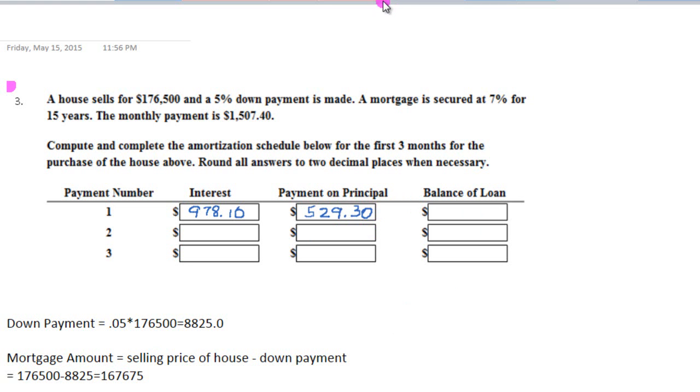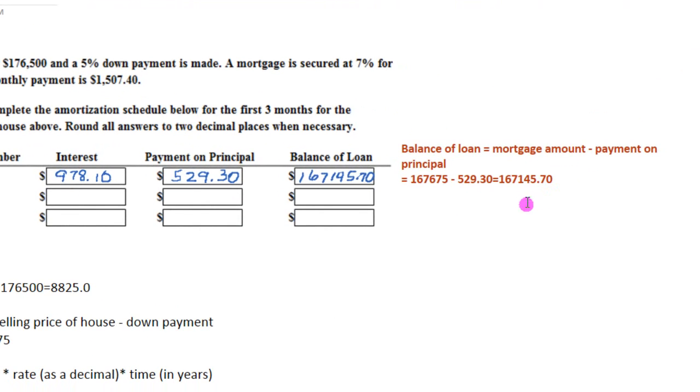So that's what's going to go in this box right here. So you see I've made the calculation here. The balance of the loan is the mortgage amount minus the payment on the principal: 167,675 minus 529.30, or $167,145.70. So that goes here. Okay, that's for payment number 1.